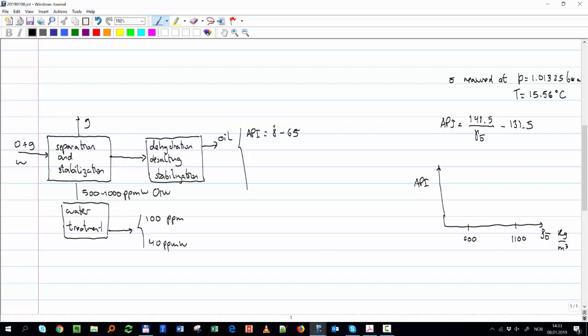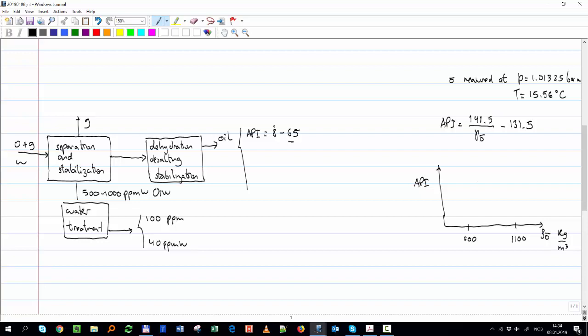Similar to water. And those types of oil usually have a lot of heavy components. We're going to see now that oil is made out of very different things. But when it's very heavy, that means it has a lot of things I'm not very happy to process, a lot of things that are going to take a lot of effort. If, on the other hand, I'm at the other extreme, 65, what does it mean?